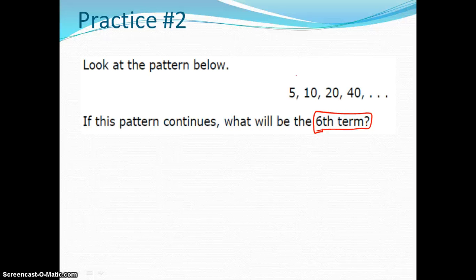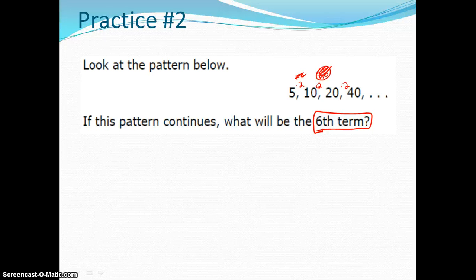Alright, so let's take a look here. Well, we can't say that it's constantly adding 5, because then this is not adding 5. So that's out. If we look, maybe it multiplies something, and it does. So we could say 5 times 2 is 10, times 2 is 20, times 2 is 40. So it's a non-constant rate of change, but we can call that a common ratio.